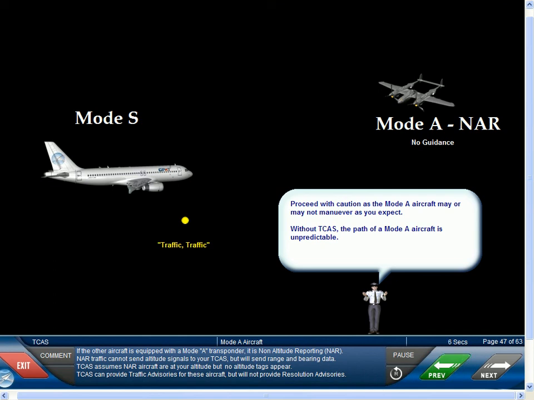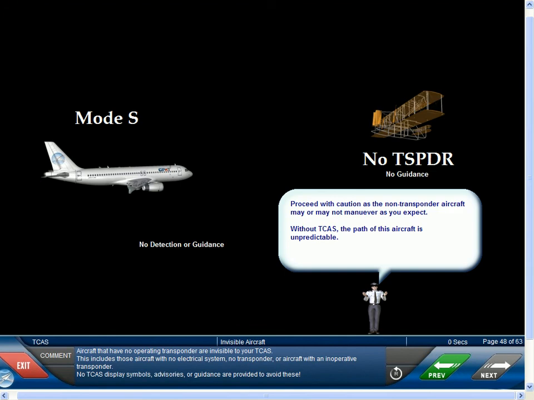TCAS can provide traffic advisories for these aircraft, but will not provide resolution advisories. Aircraft that have no operating transponder are invisible to your TCAS. This includes those aircraft with no electrical system, no transponder, or an inoperative transponder. No TCAS display symbols, advisories, or guidance are provided to avoid these.